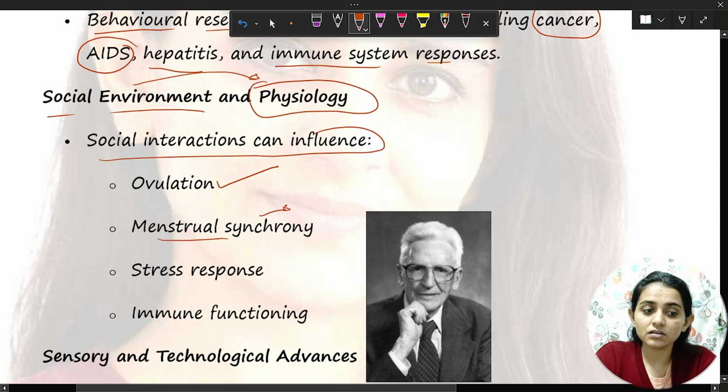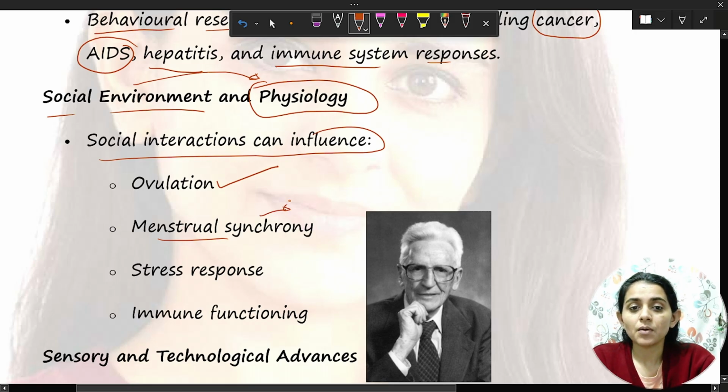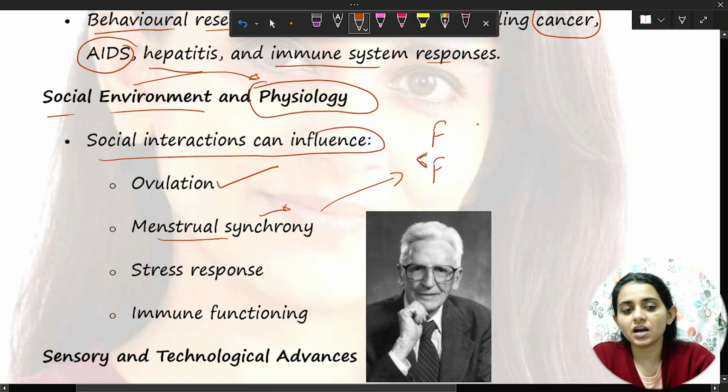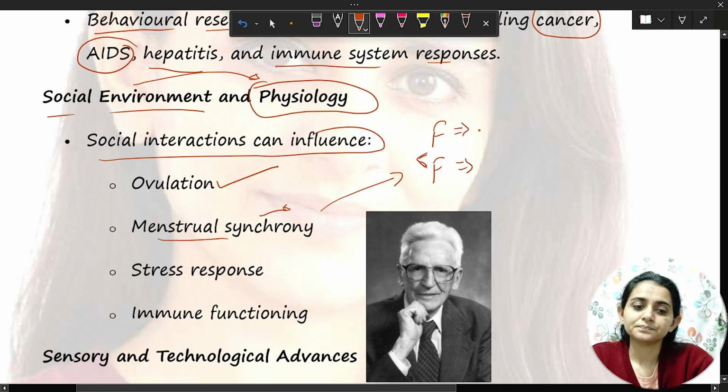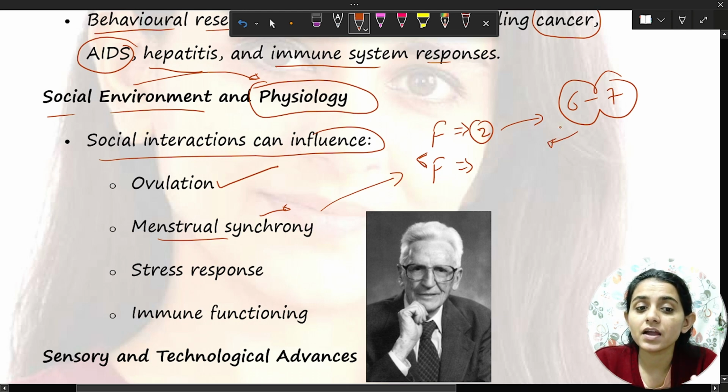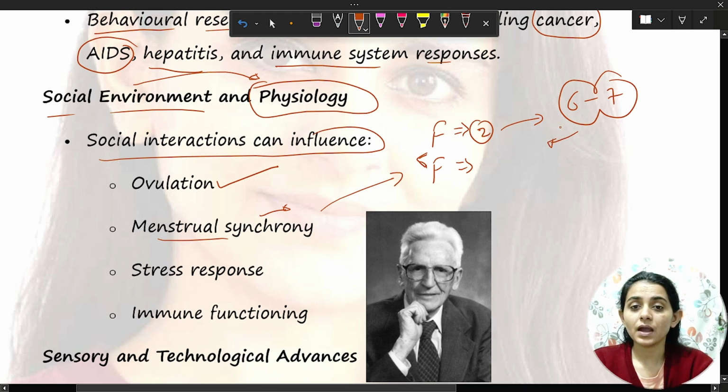Menstrual synchrony. Menstrual synchrony means if two females start living with each other, say with a difference of 2 to 3 days in their cycles, and they live together for 6 to 7 months, there is a probability that they will have the same date of the menstrual cycle.